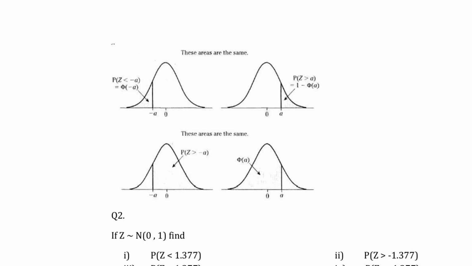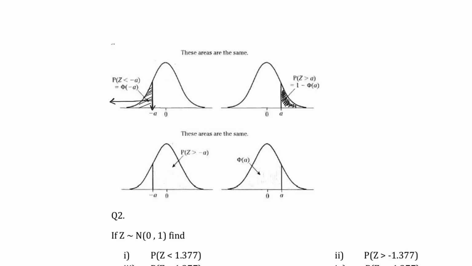If z is less than 0, it will be a negative number, and you want to find the probability of z less than minus a, which is this region. Since the normal distribution curve is symmetrical, the area for the probability of z less than minus a would be the same as for the probability of z greater than a.